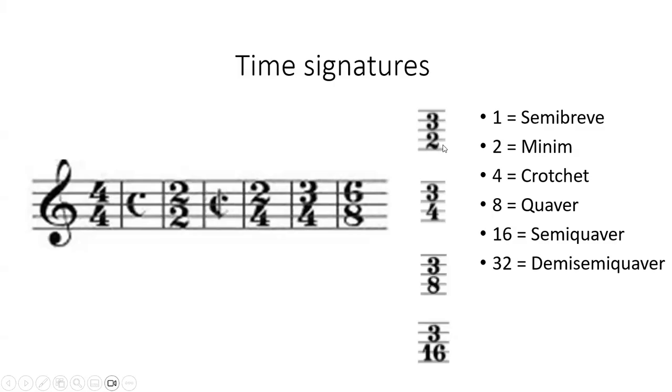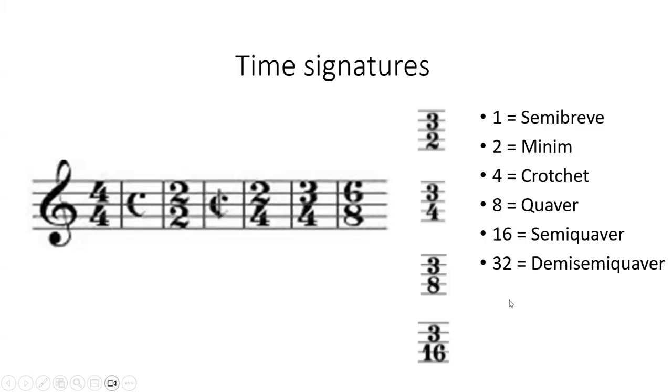The number underneath tells you the length of the beat. So this bar would be 3 minims in a bar, 3 crotchets in a bar, 3 quavers in a bar, 3 semiquavers in a bar.